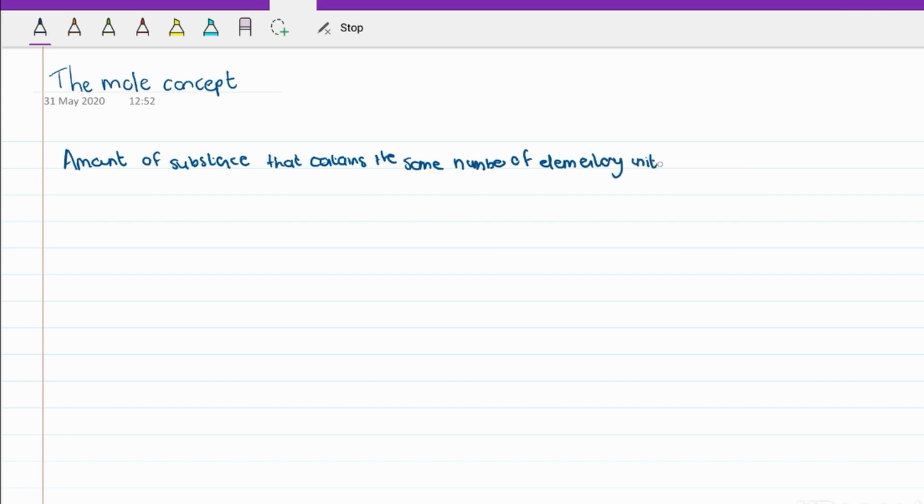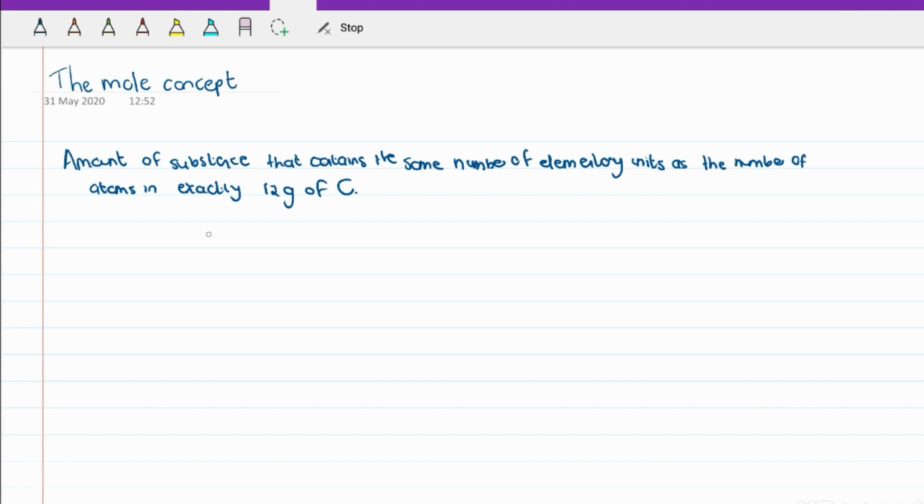These units refer to atoms or molecules or ions, as the number of atoms in exactly 12 grams of carbon. In essence, this is the formal definition.